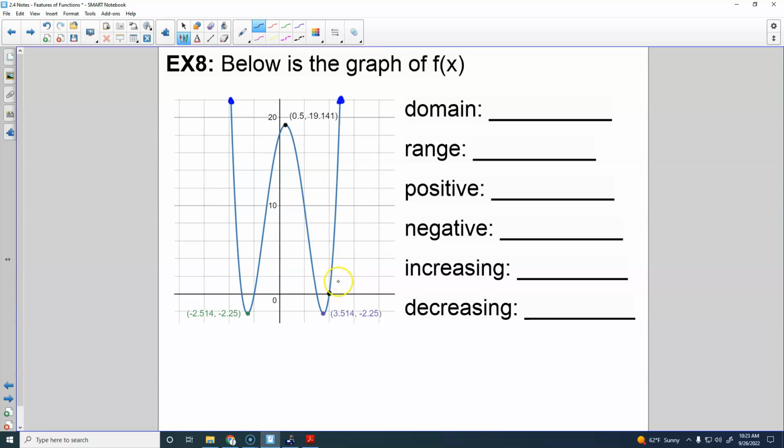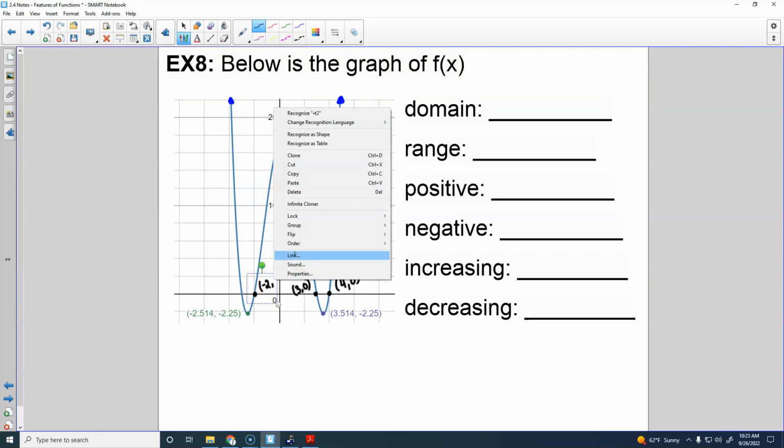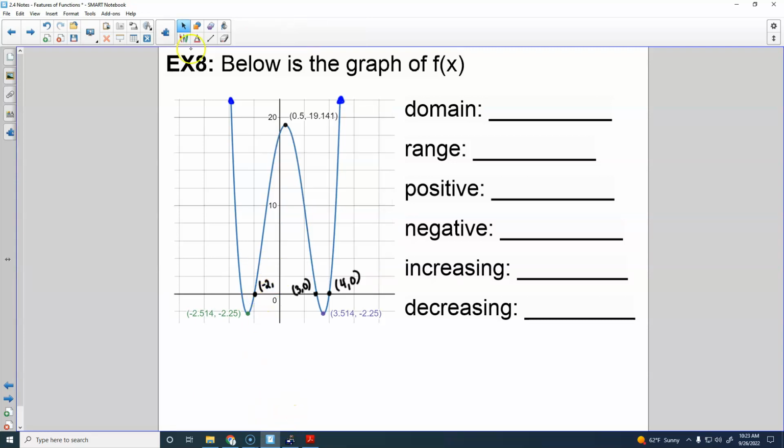Pretty sure it's counting by 2. So this point right here would be 4, 0. This point right here would be 3, 0. It's probably why I didn't label them, because on my original they were perfect grid lines. They would be negative 2, 0 and negative 3, 0.